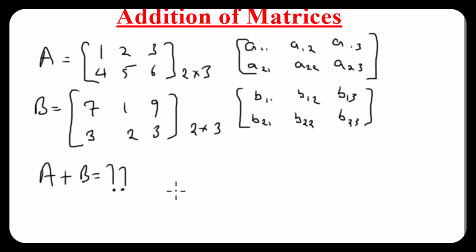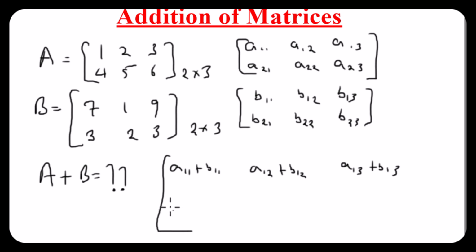So if I want to add A plus B together, it must mean that I'm actually adding the unique identifiers. That is A11 to B11, A12 to B12, A13 to B13. So what do I mean? The first member, I have A11 plus B11. Here I would have A12 plus B12. Here I would have A13 plus B13.